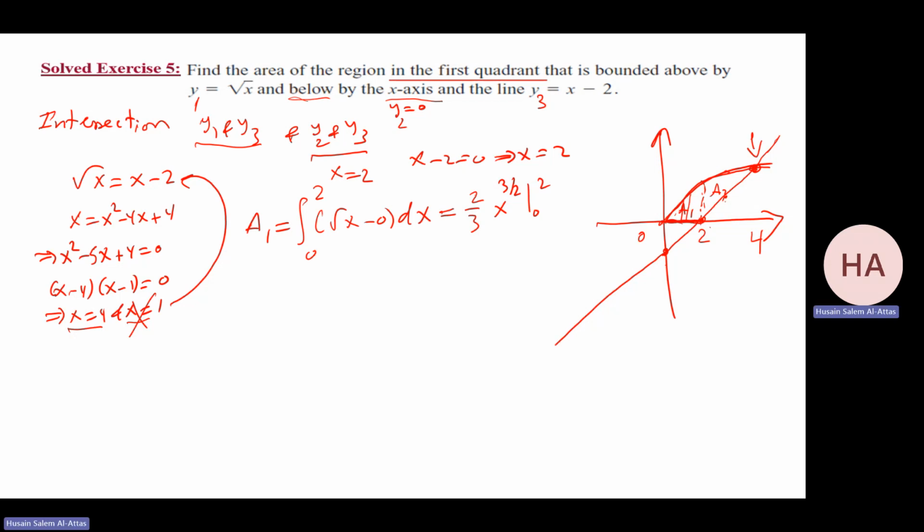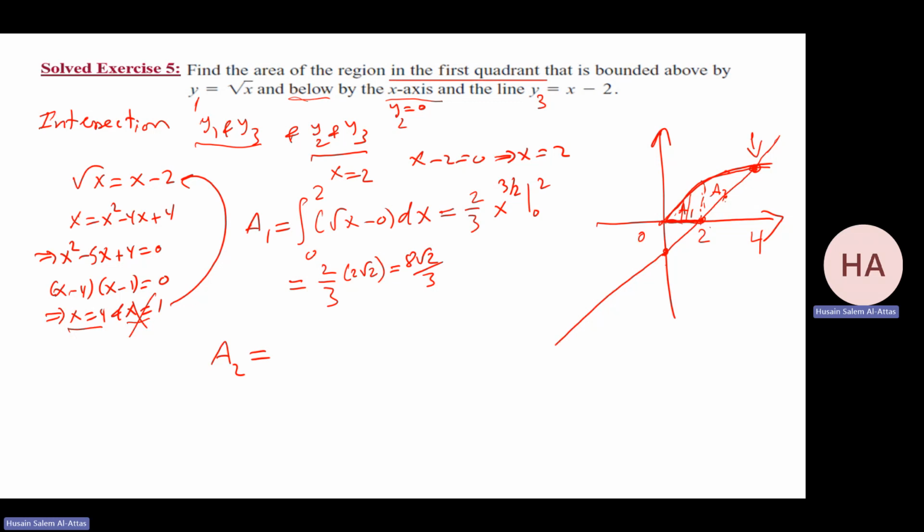That is 2 over 3 square root of 2 cubed, which is 2 square root of 2, minus 0. So it will be 4 square root of 2 over 3. Now we'll go to A2.